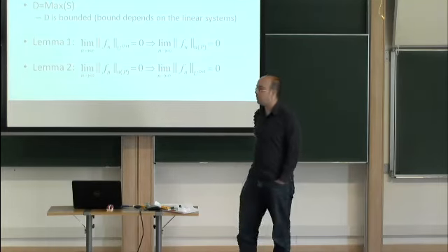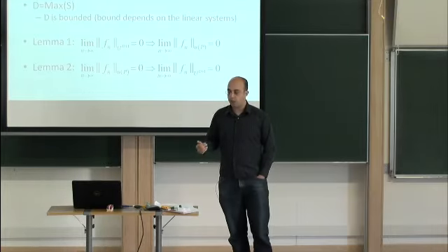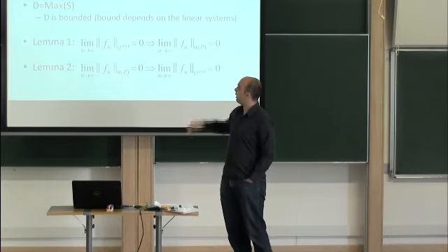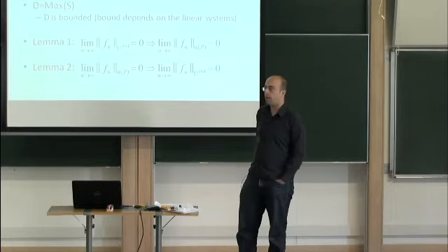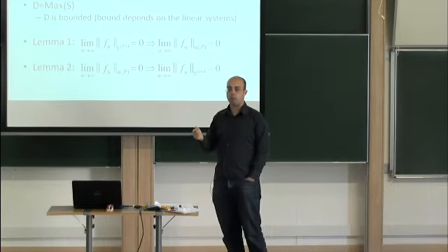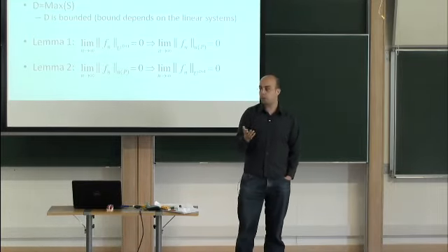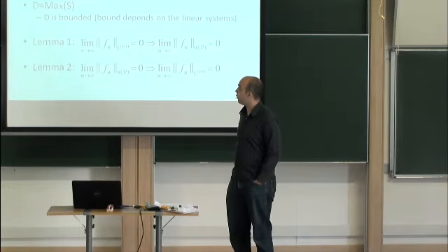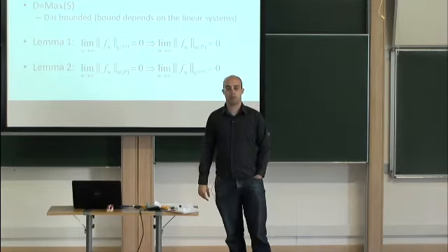Let capital D be this maximal number. A priori, it's not even clear that this set is consecutive. Maybe capital D is 5, so I can find polynomials of high rank of degree 5 which have correlation, but maybe I cannot find for degree 4. So maybe there are some jumps there. Actually, that will be an issue that we'll have to handle. But let's just look at capital D as being the maximal degree I can find.